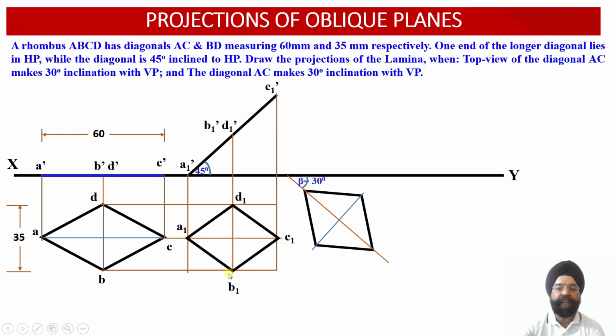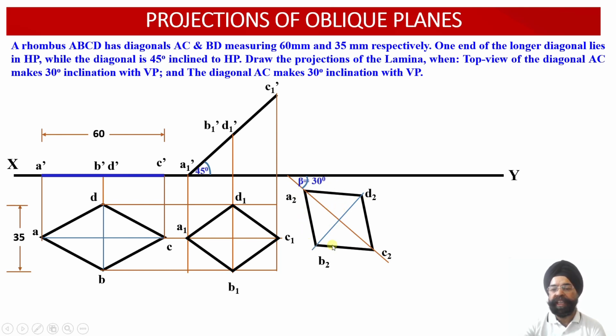Both of them are equal. And the same points I am going to plot over here. So using rectilinear distance transfer, I am able to obtain the plan projection view after the inclination of the longer diagonal apparent length with respect to VP at an angle of 30 degree. So this is the plan projection which has been obtained.